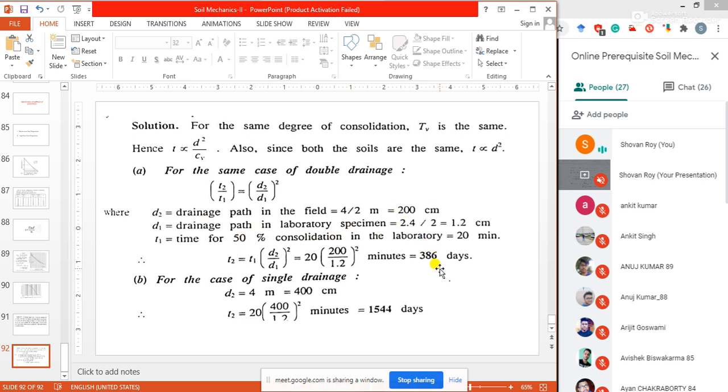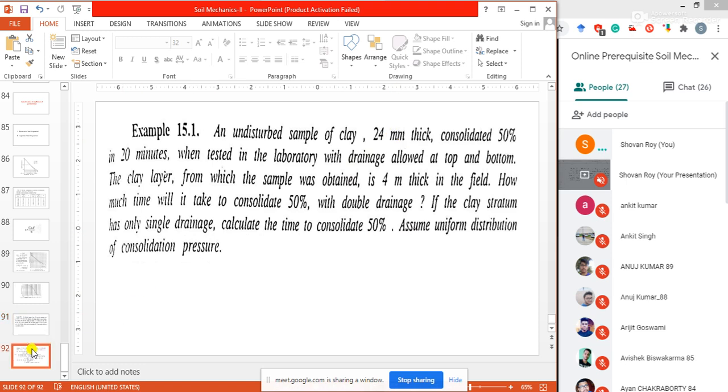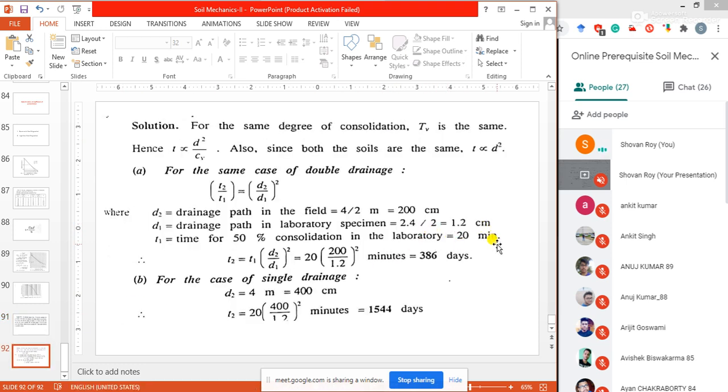Also in the laboratory we used double drainage, so 2.4 centimeter or 24 millimeter was the thickness of the specimen, and 2.4 divided by 2 is 1.2 centimeter. Now our t2 value, the time for 50% consolidation in the field, is this many minutes, converted into days, because time we can calculate in any unit: minutes, seconds, hours, days, months, years.